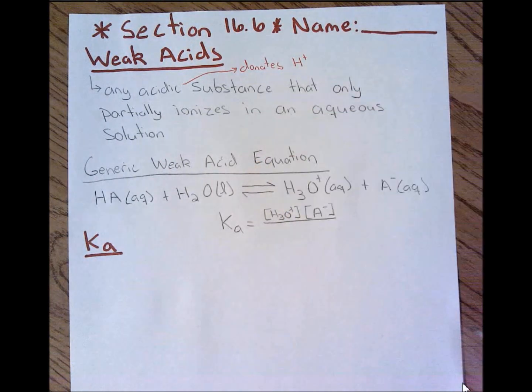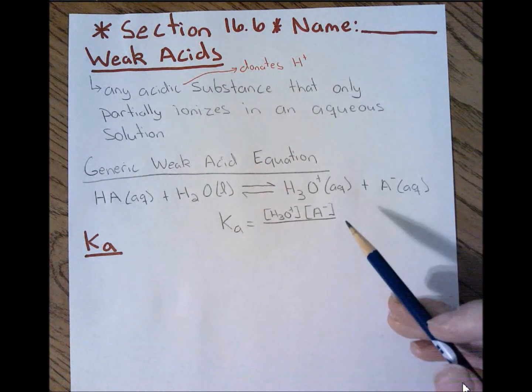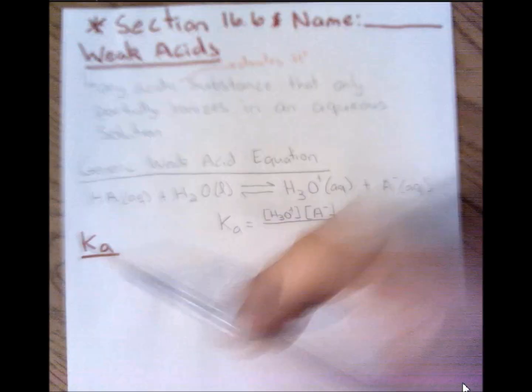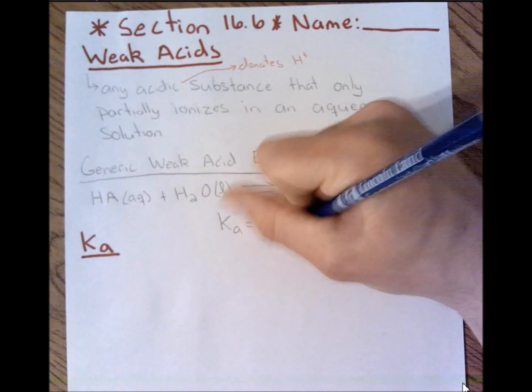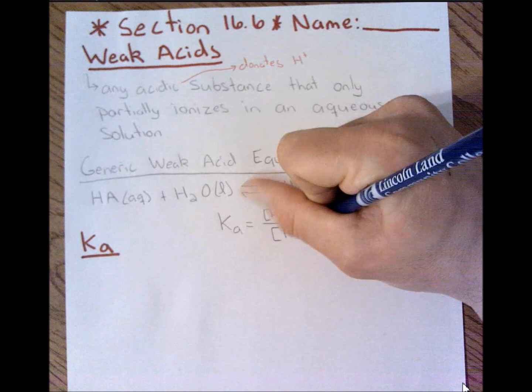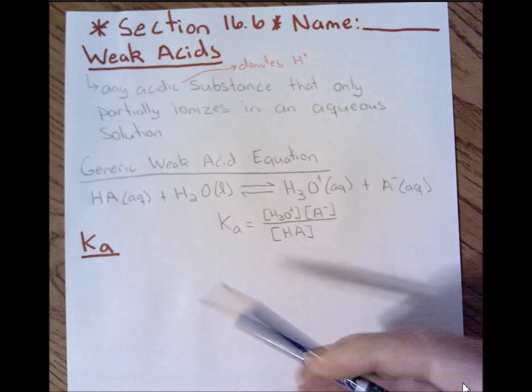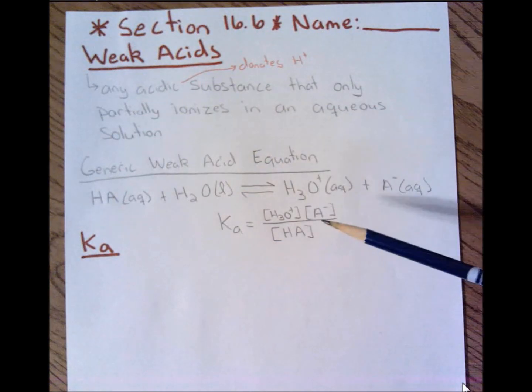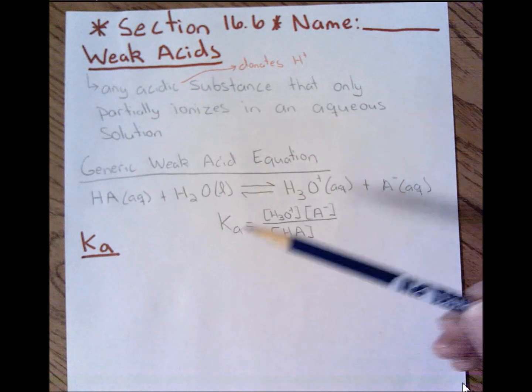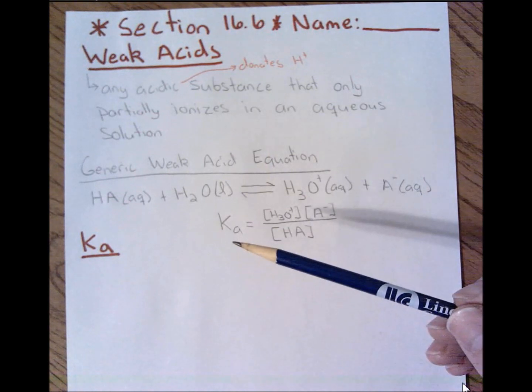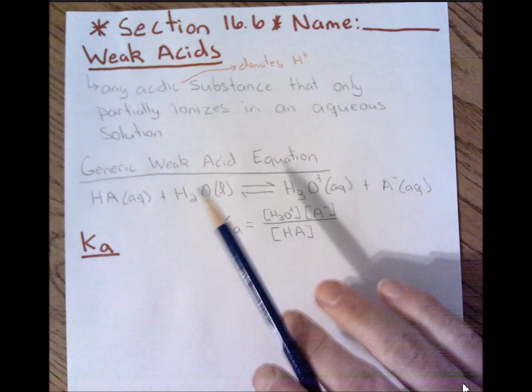Now we don't include water because it is a liquid substance. Only aqueous and gas substances appear in that equilibrium constant expression. From here on, we're typically just going to be dealing with aqueous solutions too. So it has to be aqueous to go into this Ka.